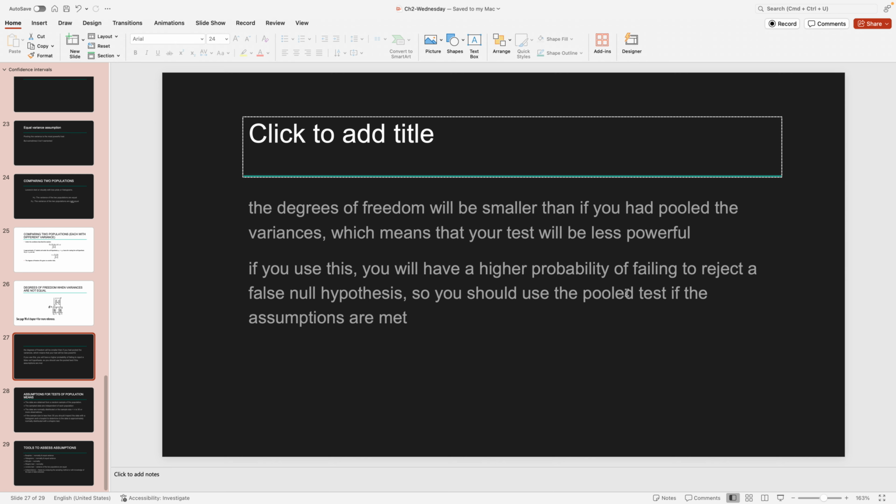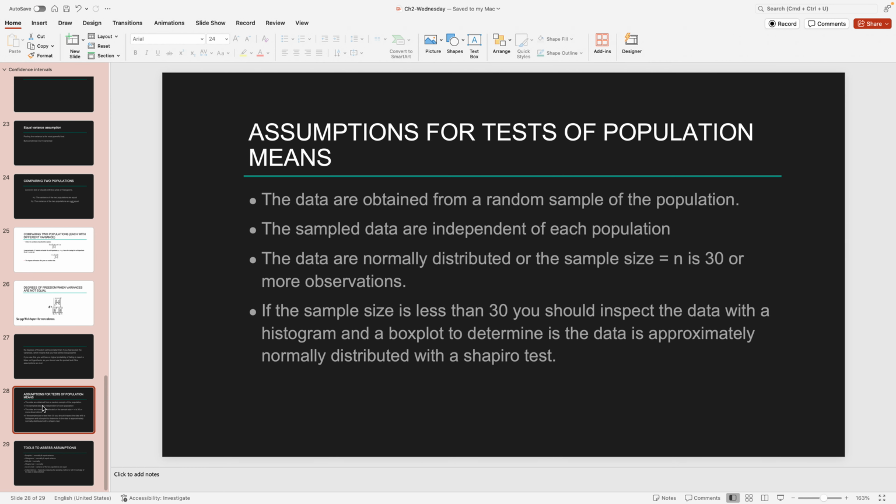Okay, so it's better to pool it, and that's the general case. If in fact you can't pool your test, though, you should not pool it because that'd be the wrong thing to do, and you wouldn't actually get that power.